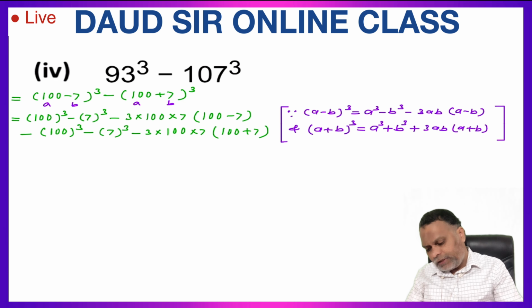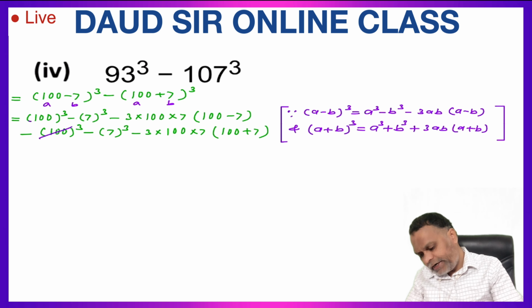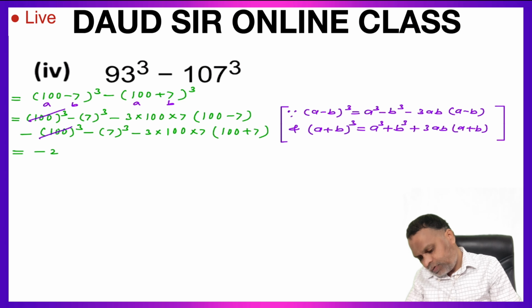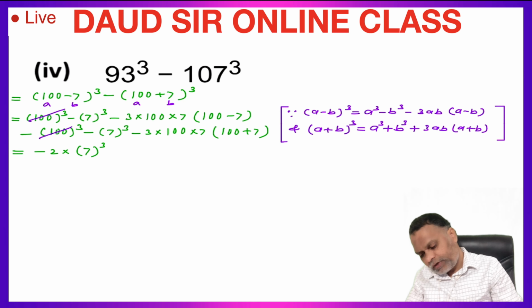Here this 100 cube negative and 100 cube positive cancelled. Minus 7 cube coming two times, so minus 2 into 7 cube.